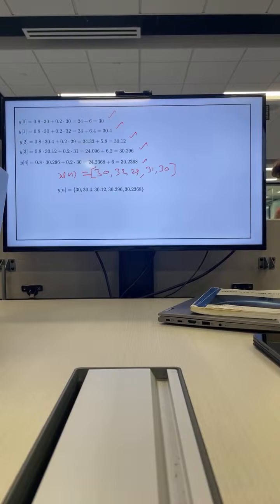You see how my input data is smoothened, okay. From here you can see that I have a variation of plus or minus 3 degrees Celsius, but after using my digital filter I have less than 1 as a variation. So this is the practical application of your digital filters.